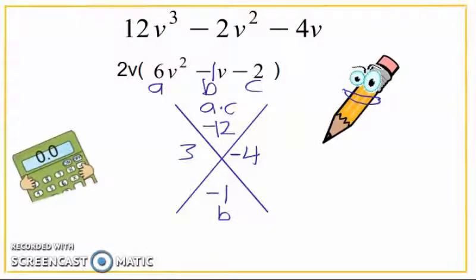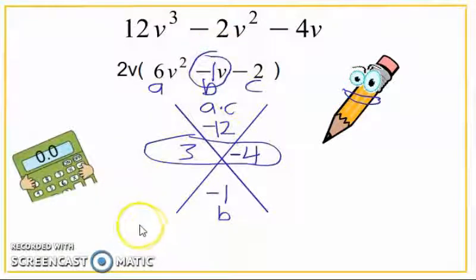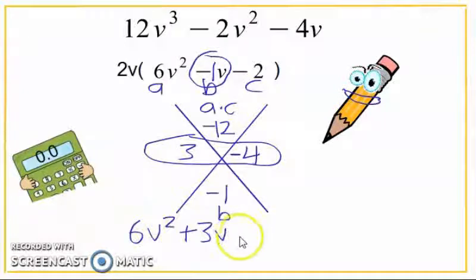You will now place the 3 and -4 into the sides of the X, and plug 3 and -4 into your equation, and get rid of the negative v you started with. Your new equation is 6v squared plus 3v minus 4v minus 2.